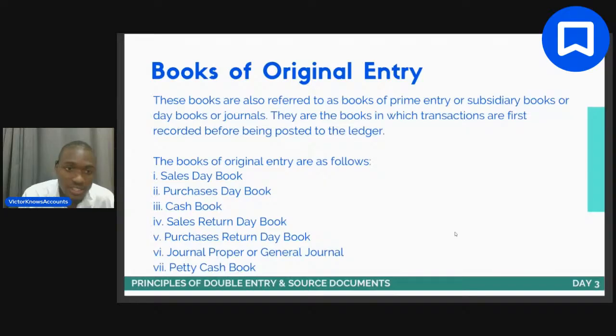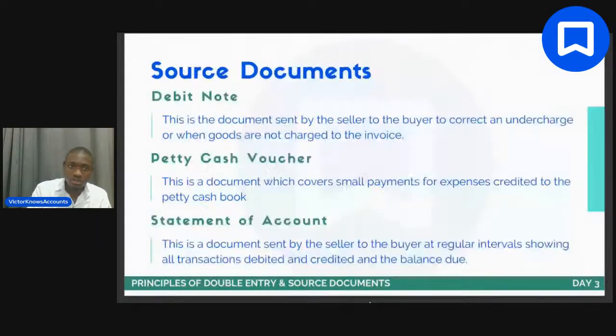Don't forget, the relevant source document of the petty cash book is going to be what? You remember the petty cash voucher. We said it is a document which covers small payments for expenses and it is credited to the petty cash book.